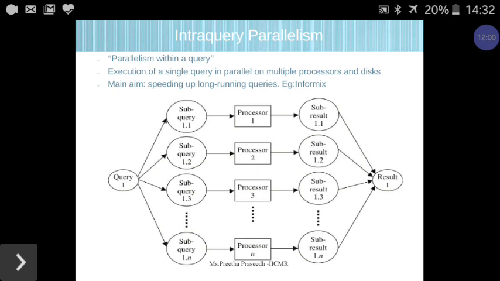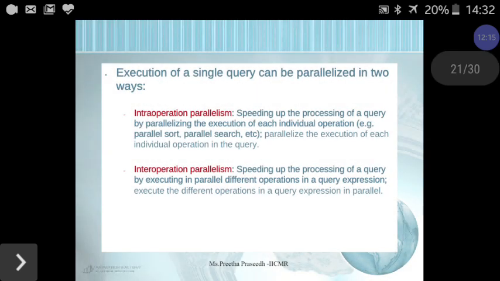Intraquery parallelism. So here one query is divided into different subqueries, and those subqueries are processed by different processors parallelly. This is the example which is happening in the Informix database. And again intraquery is classified into two, intra-operation parallelism and inter-operation parallelism.